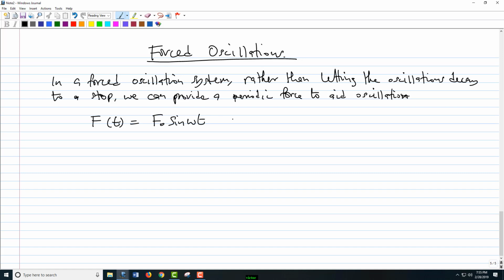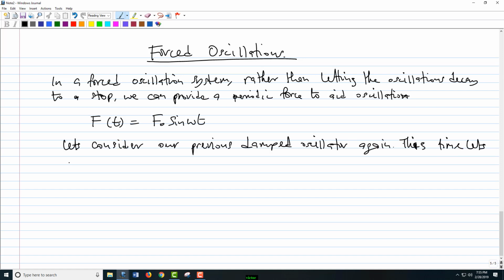So let's consider our previous damped oscillator. This time, let's add a force F of t. So the net force in this case, again, is equal to ma. That's our equation of motion.